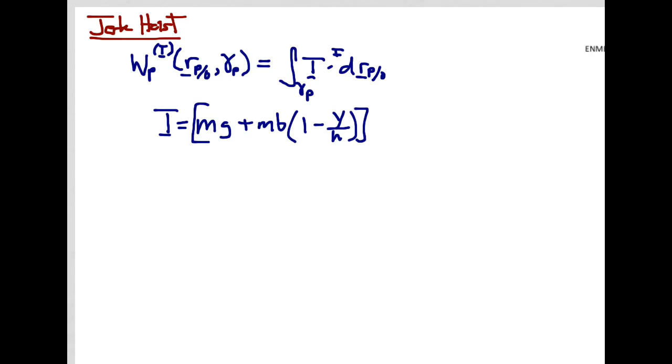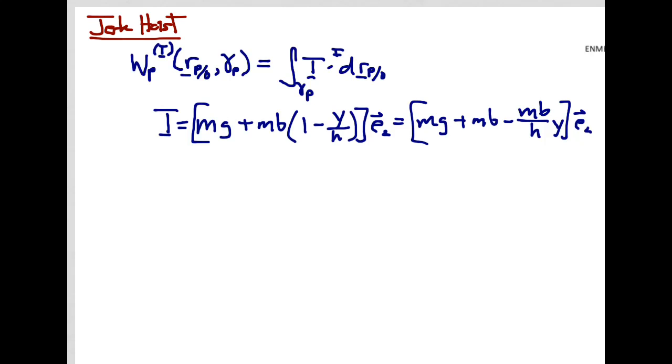This entire quantity is in the E2 direction. And if we write that out in an easier form, it's mg plus mb minus mb over h times y. Keeping our vector notation, that's in the E2 direction.